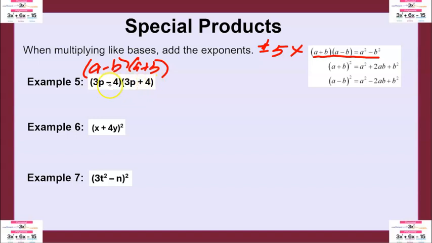The only difference is the sign in the middle. So if I use the formula a squared minus b squared, my a is 3p and my b is 4. I now have an answer of 9p squared minus 16.